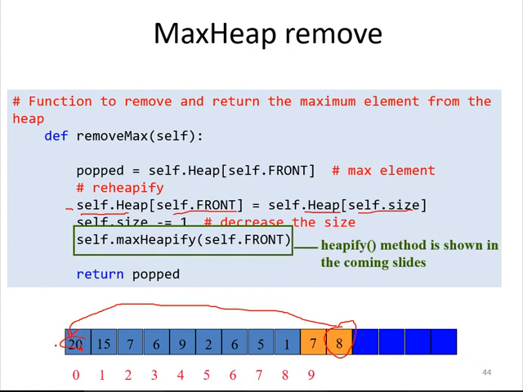This 20 is already put as the value of the pop, that is to be returned. And then the size is reduced by 1 here, and then we perform the max heapification.